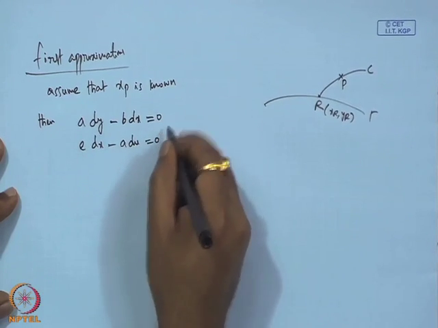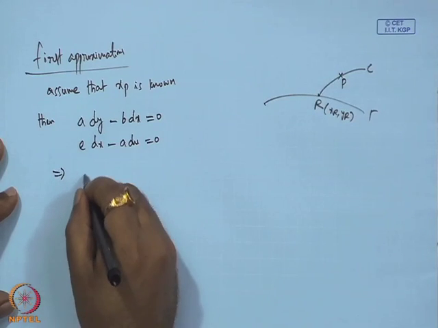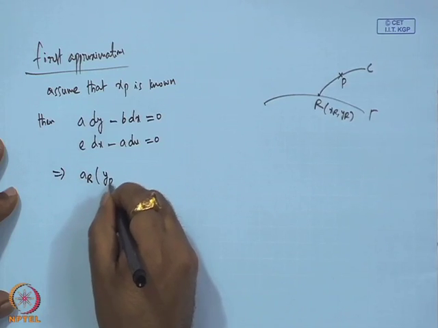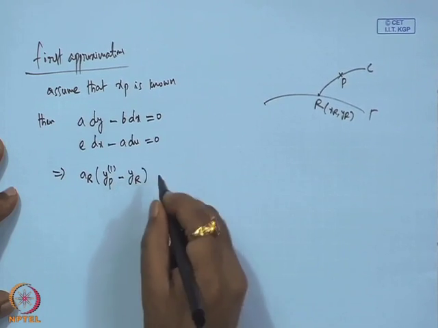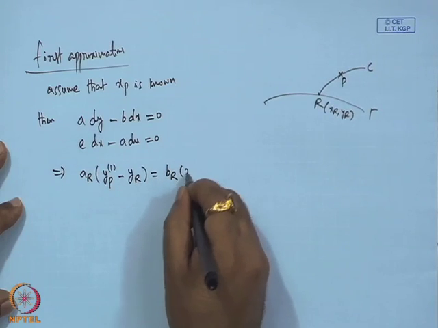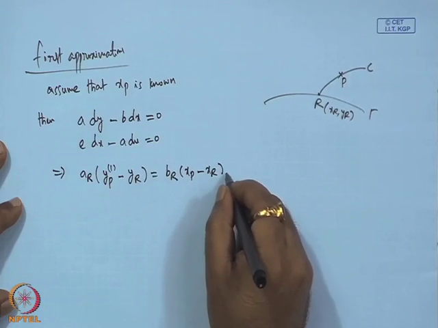So, we are discretizing: A r, y p first approximation, equals B r, x p minus x r.